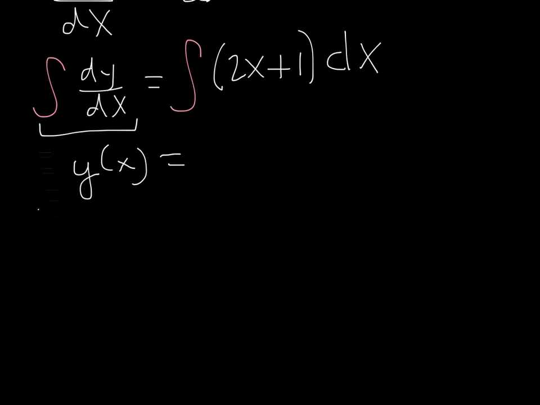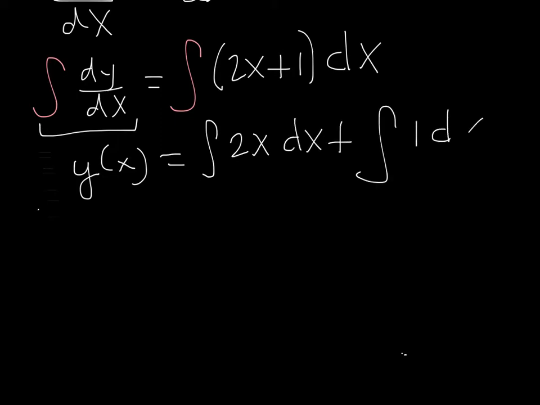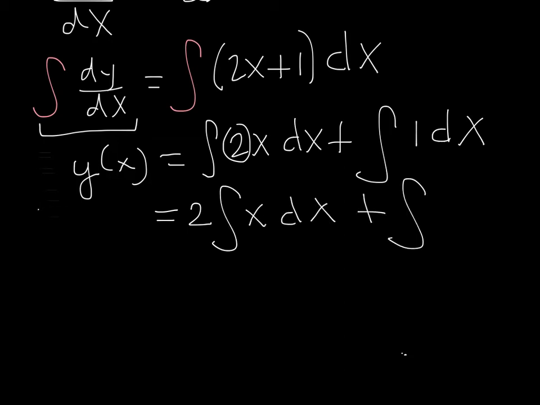So I'm going to break up this integral as the integral of 2x dx plus the integral of 1 dx. I'm allowed to do that. And since I have a constant, we can use the constant rule with integrals. We can take out the 2, and I'm just left with the integral of x dx, and I'm just going to leave this other guy here.